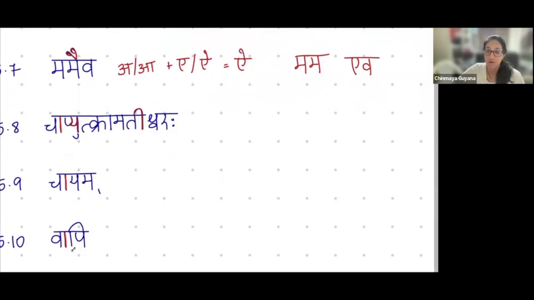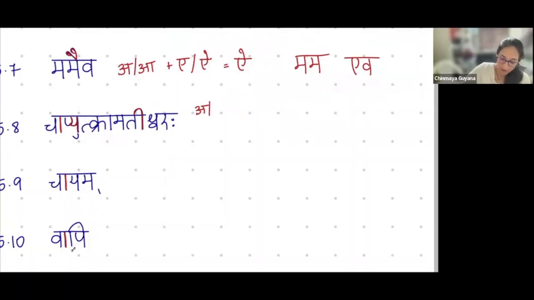Chapyutkramatishvaraha. Now look, this looks like a long, complicated word. But there are 3 sandhis in there. That means there are 4 words making up this big fancy looking word. So all we have to do is try to break it into its little words. First, ā comes. Chā. So the sandhi is there.